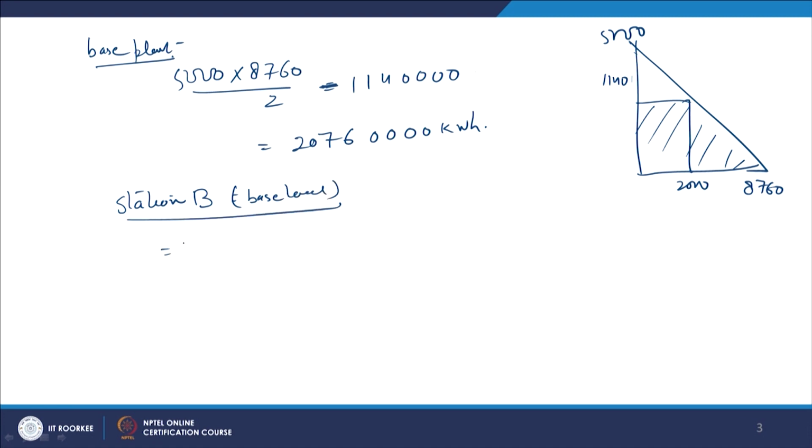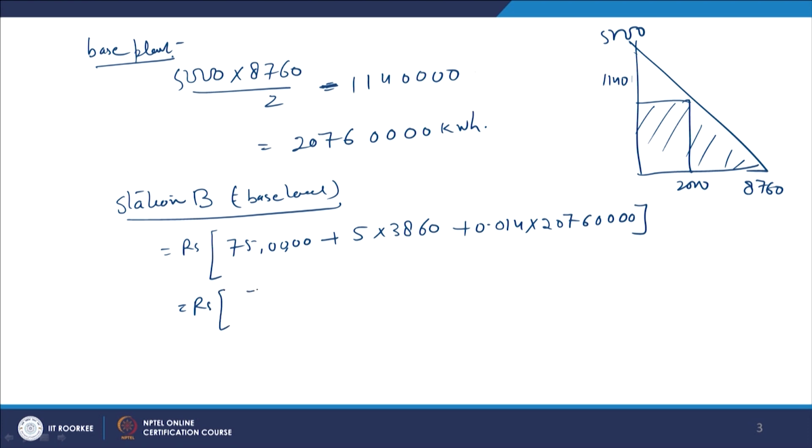It is going to be rupees 75 plus 5 into 3860, which is the capacity of the plant, plus 0.014 multiplied by 2076, that is going to be equal to rupees 19300 plus 290640.